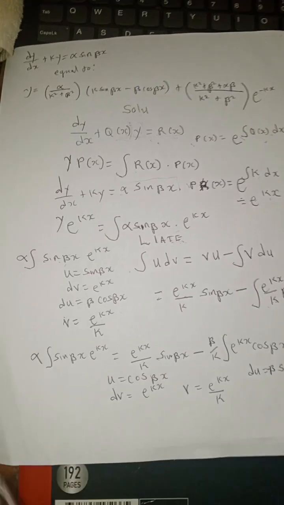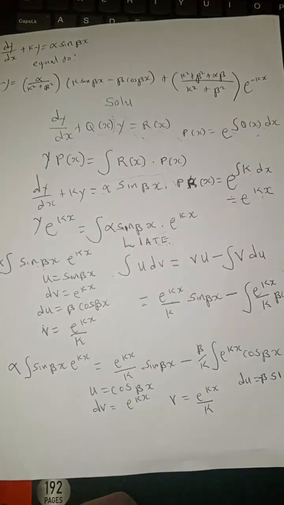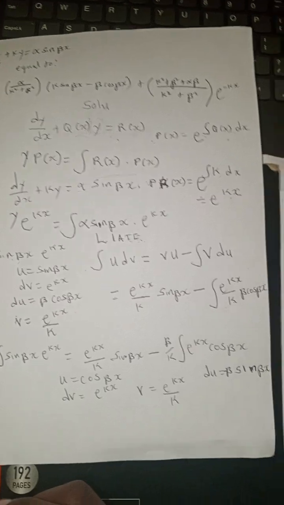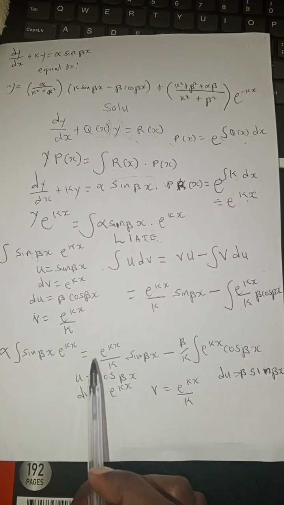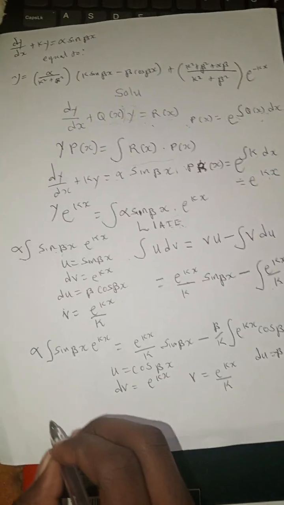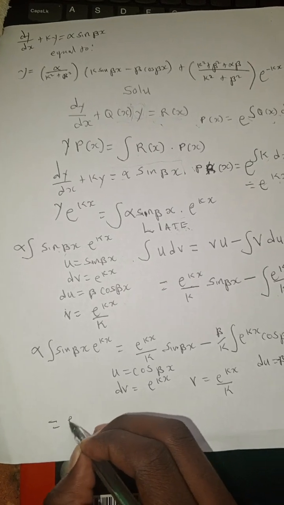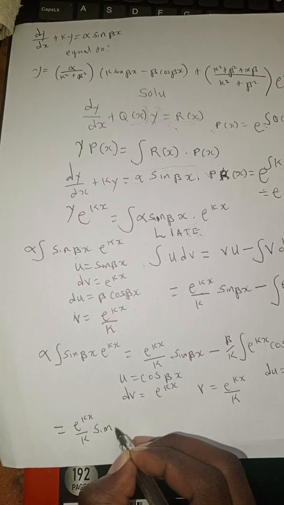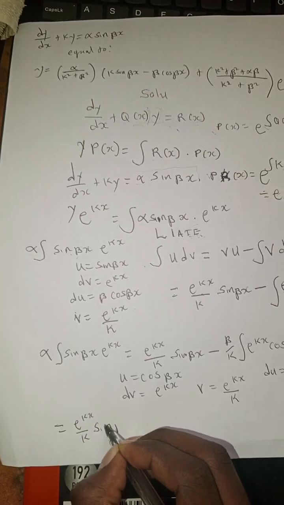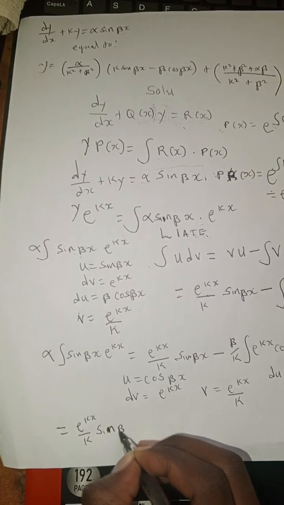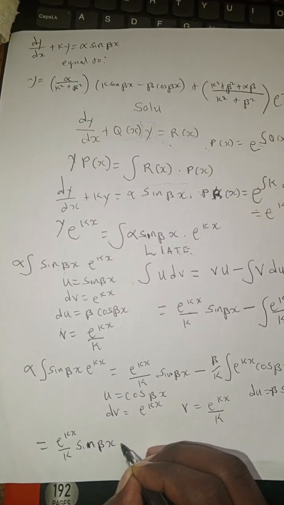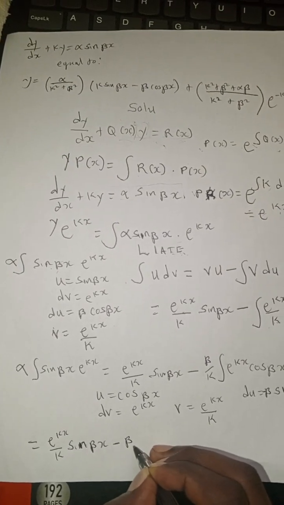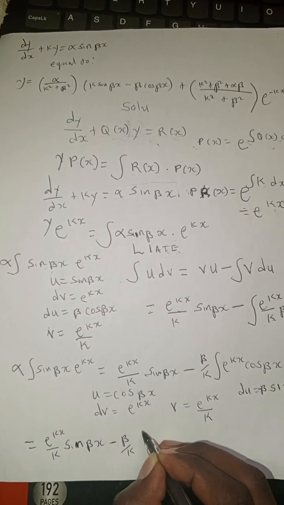Now, for you not to get confused, you have to write everything the way they are. Just write it the way they are. So we'll start our answer from here. I'll say this is equal to e^kx over k sine beta x, then I'll say minus beta over k, then I'll say open bracket.